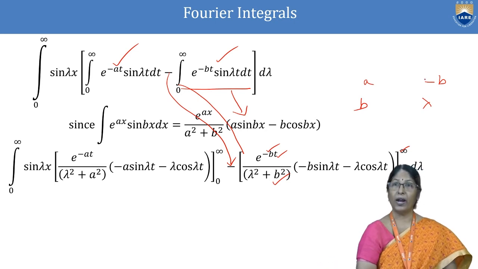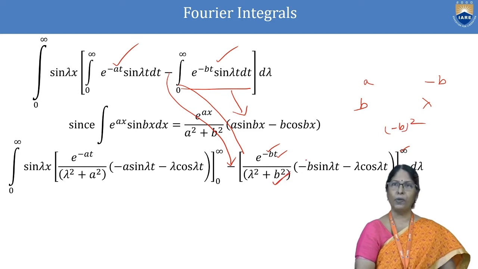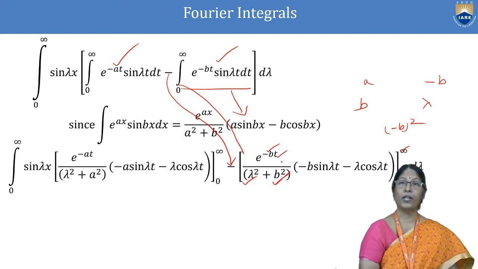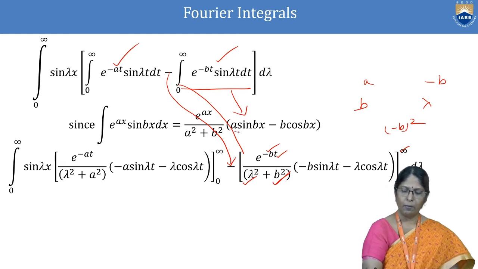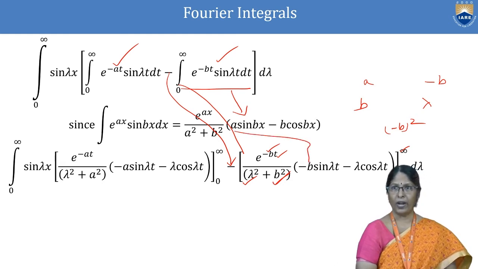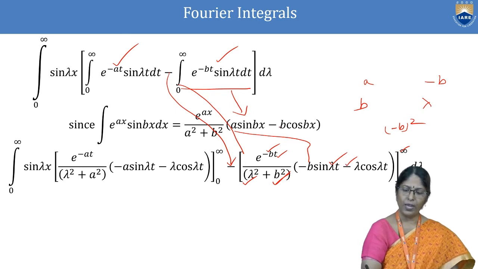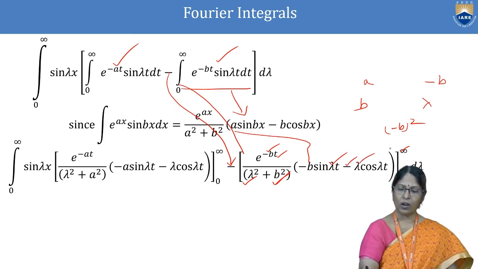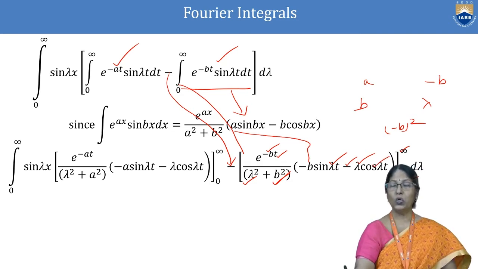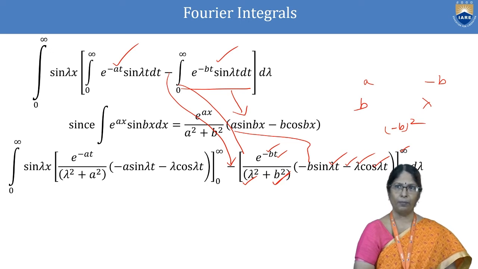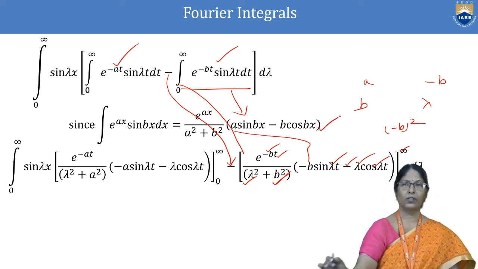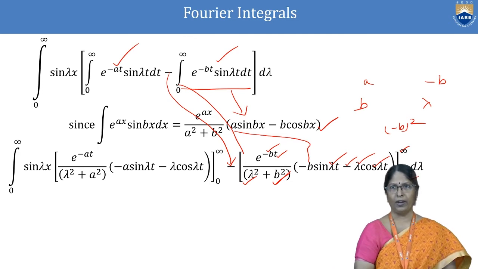Our a is minus b, so minus b the whole square, it's nothing but b square plus lambda square. Here minus a is nothing but minus b. Sine bx, that is sine lambda t, minus b is lambda. So cos bx, it's nothing but cos lambda t, 0 to infinity d lambda. So according to this formula, we expanded.